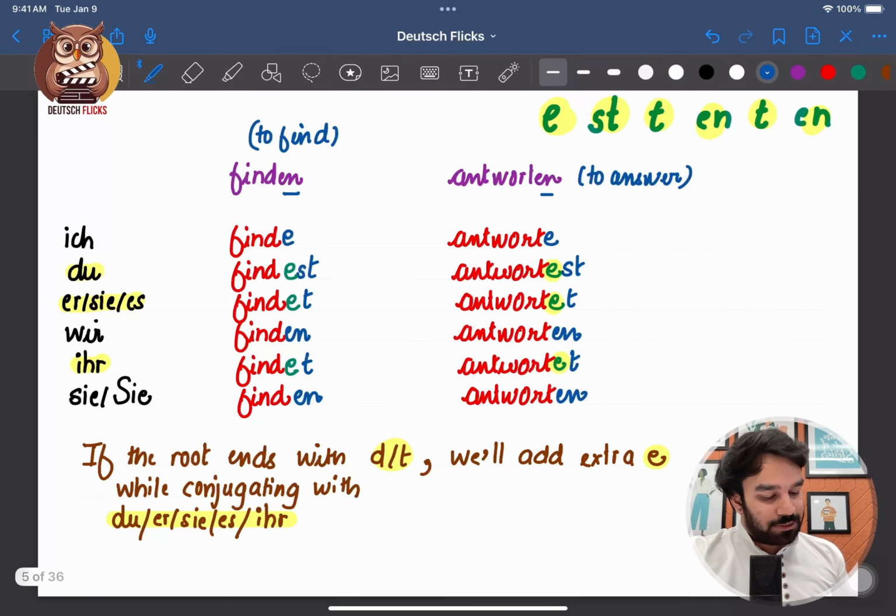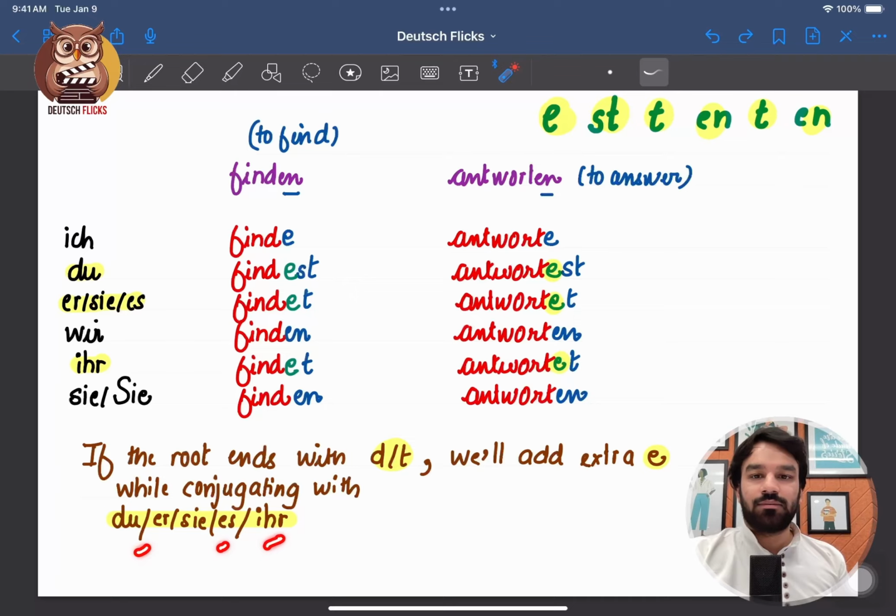So on the previous page, we saw if the root is ending with d or t, we will add an extra e while conjugating with du, er/sie/es, and ihr.